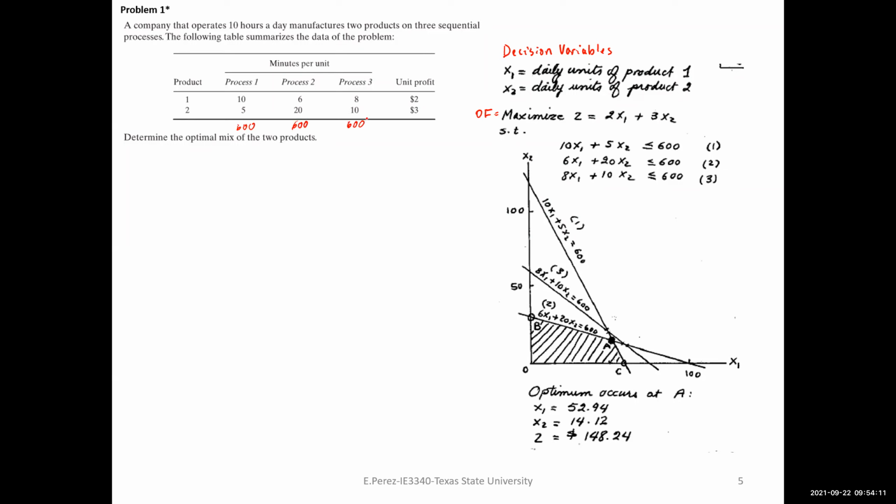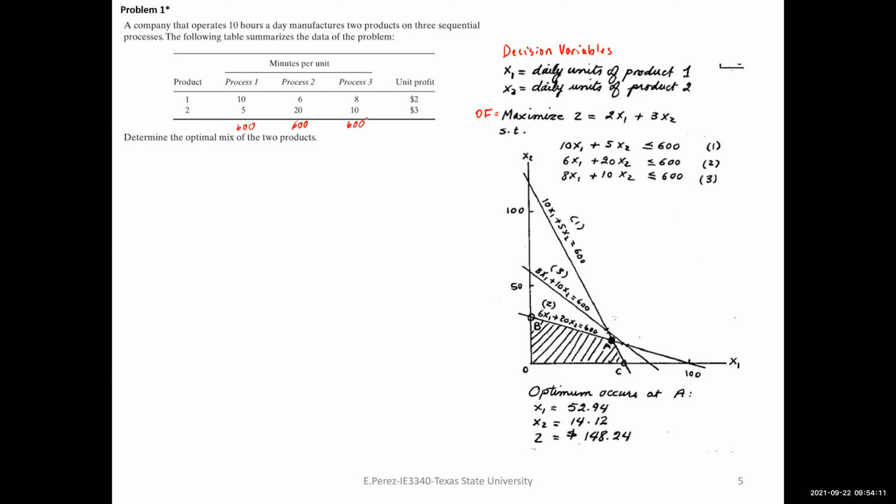And you repeat that process for each constraint. You do it for constraint number 2, number 3, and that's what we have here. We have all the constraints plotted. This should be constraint number 2. If I let x1 equal 0, then this is going to be 30, so this is 0 and 30.